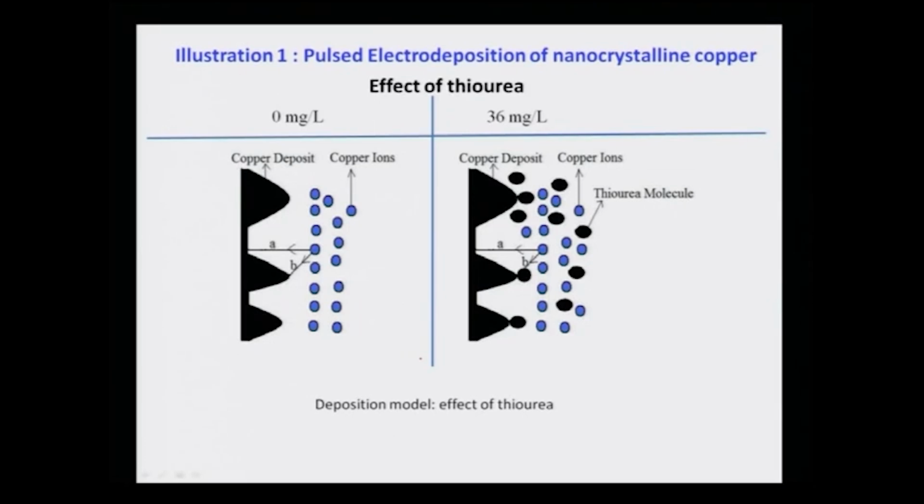The common idea of the deposition model is this. This will help us understand how thiourea actually affects the deposition process. So, when there is no thiourea, obviously the substrate will have a lot of surface steps, like any other surface, and the copper ions will move to different places of the substrate.